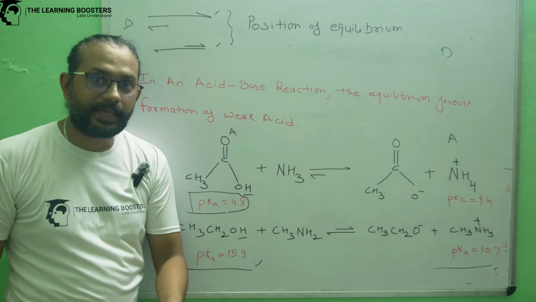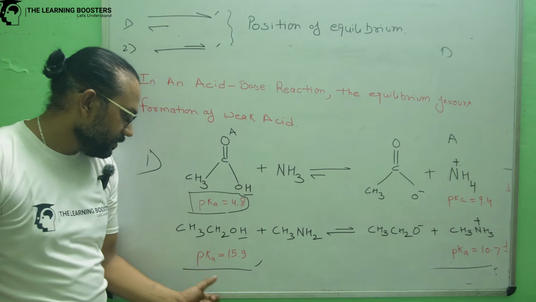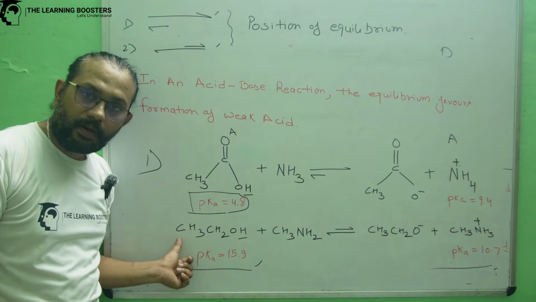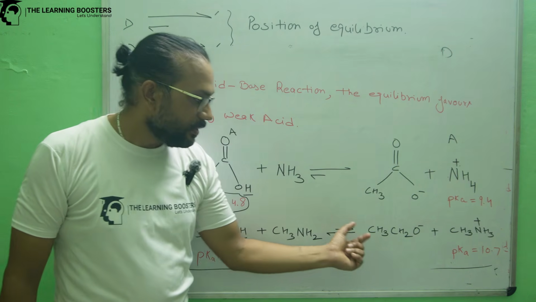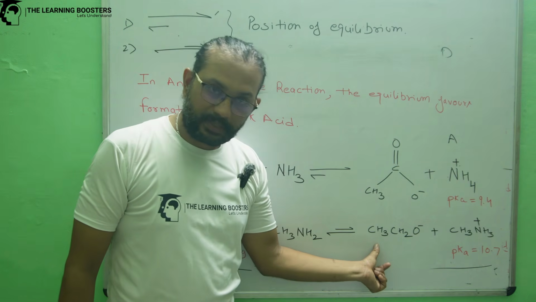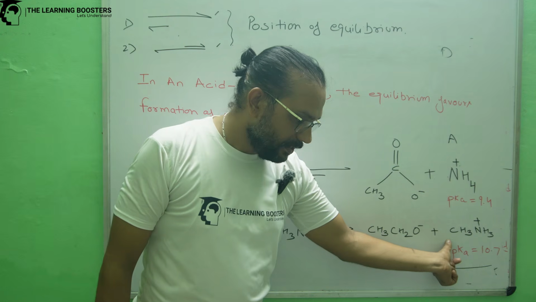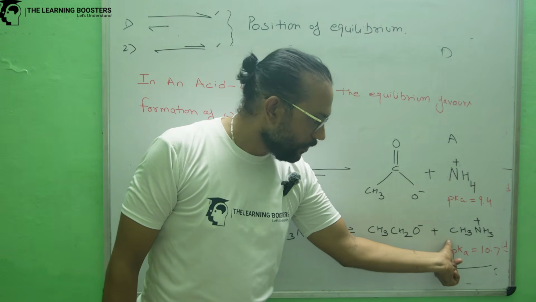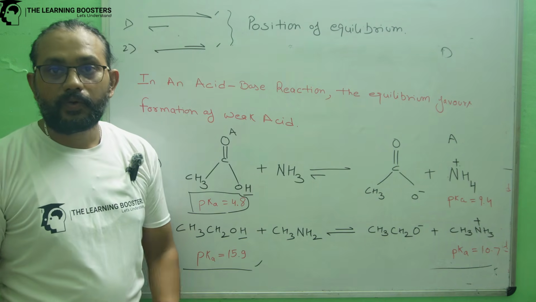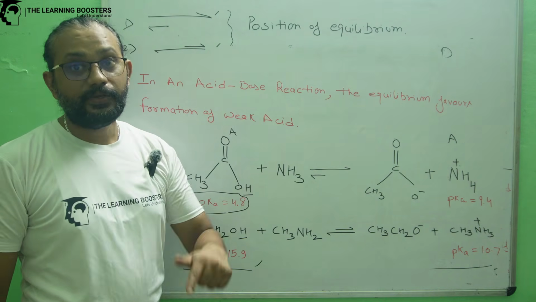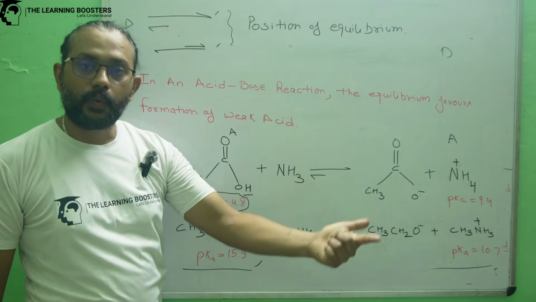Now let us take a second example, where ethanol reacts with methylamine, leading to the formation of ethoxide and the methylammonium ion. First of all, we need to check which one is the acid, meaning which one is a proton donor.